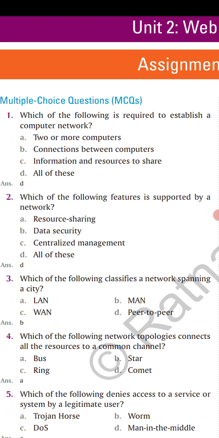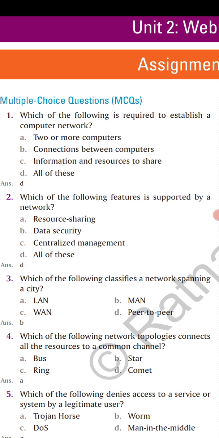It means which of the following options is the one that will be used to establish, to produce, a computer network. Here are the four options. Two or more computers are required to establish a computer network. Connections between computers are required.